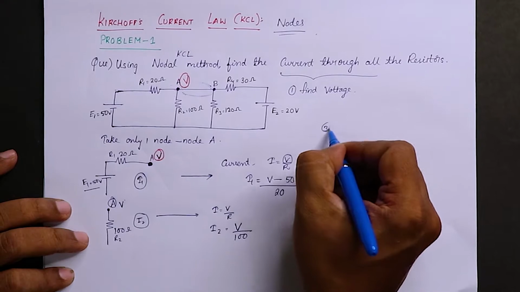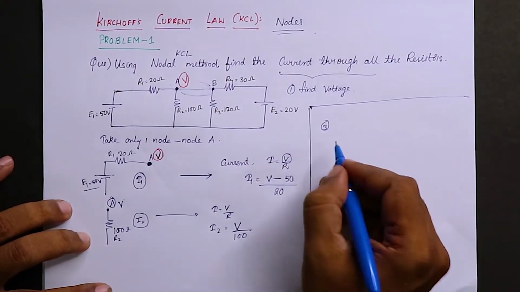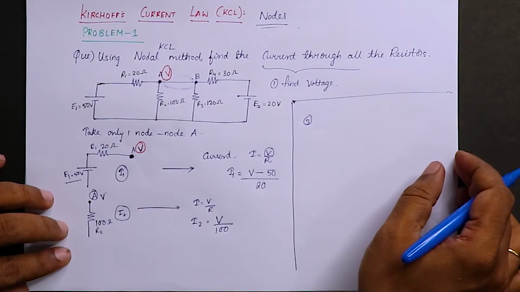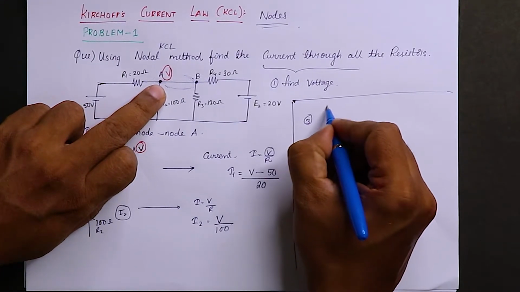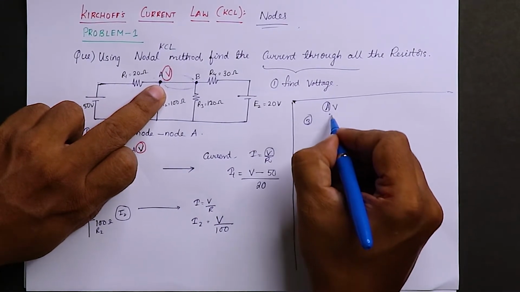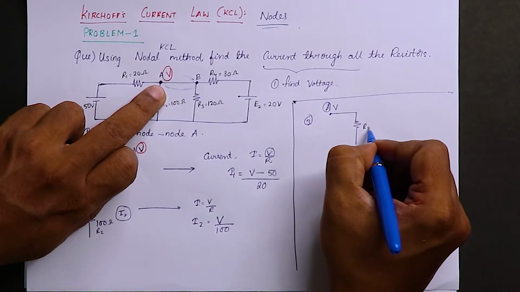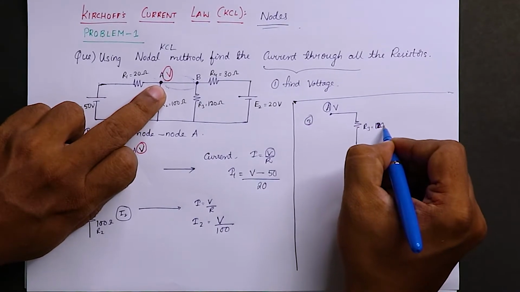Now let us take the third one. I am doing this only for your understanding purpose. So 3. Now let us take this one. From A, which we have taken as V, and this is R3, which is 120 ohms.